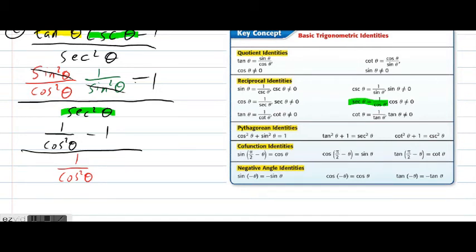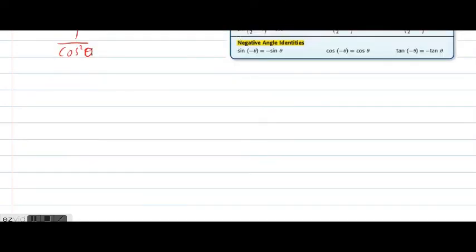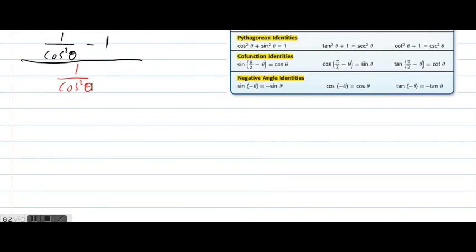A little bit of algebra. We start thinking about it. I have 1 over cosine squared of theta minus 1. That whole thing is divided by 1 over cosine squared of theta.